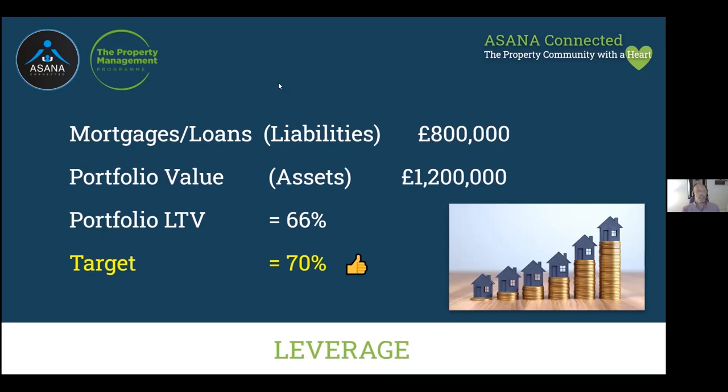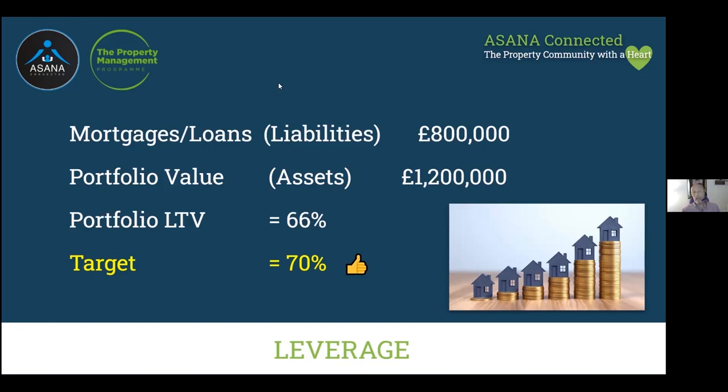So by changing our target, we might change our thinking. If my target is 65% and I'm at 66%, I'm not potentially getting the best mortgage rates I could. Is there a way for me to reduce that loan to value below that level?